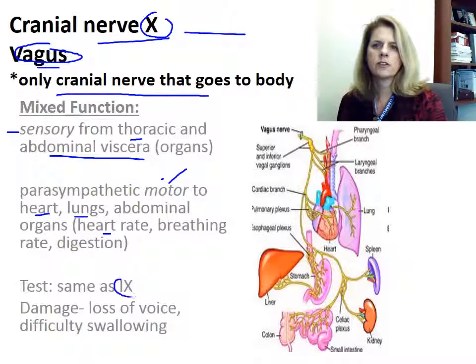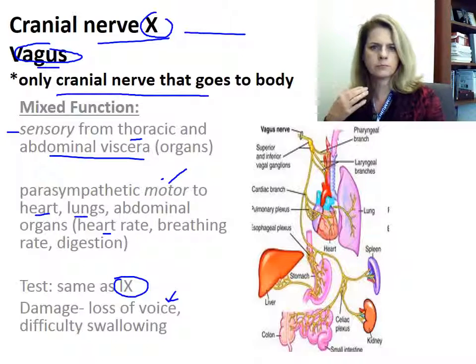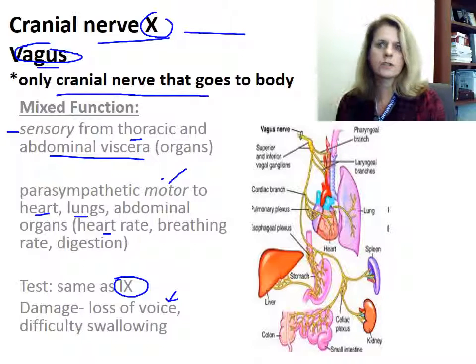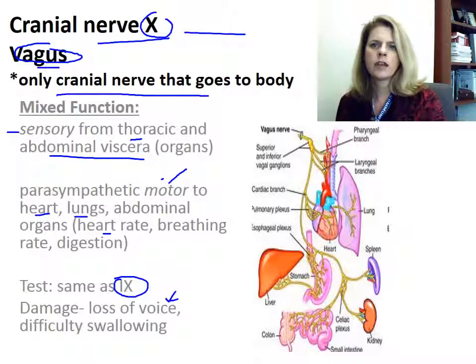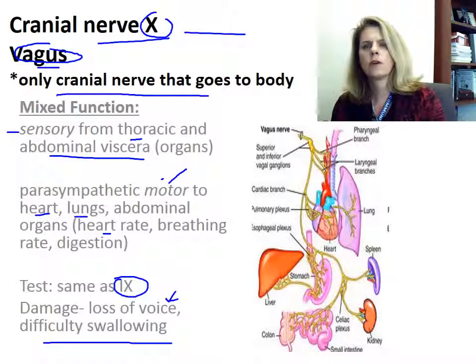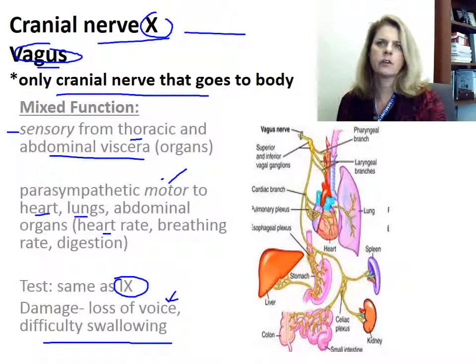You test it just like you test number 9. A problem with the vagus nerve, one of the things you may notice is a loss of your voice, because it's going to help your vocal cords, movement of your vocal cords, and difficulty swallowing. So loss of voice and difficulty swallowing can be a sign of damage to cranial nerve number 10.